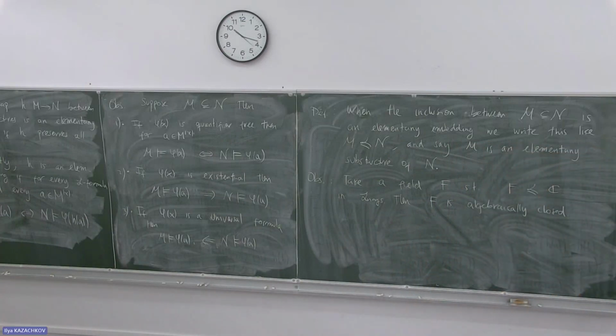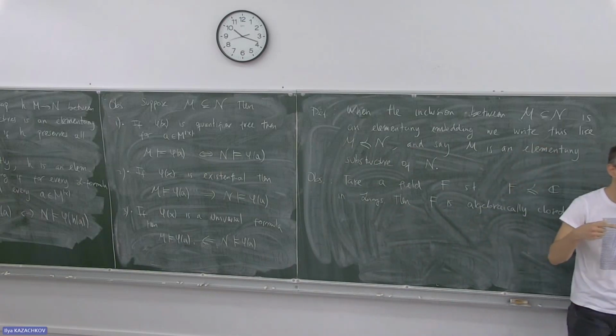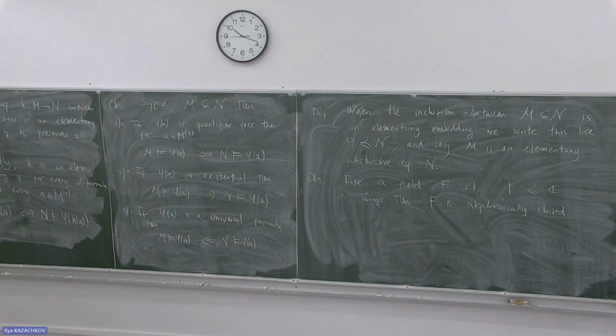Okay, so this is really much stronger than just being a substructure. Being a substructure in the language of rings is just being actually an integral domain at most, but not even a field, right? Because we don't include in the language of rings the inverse for multiplication. We only added the inverse for addition. But in this case, this is not only a field, but even a field which is going to be algebraically closed. So this is quite strong.